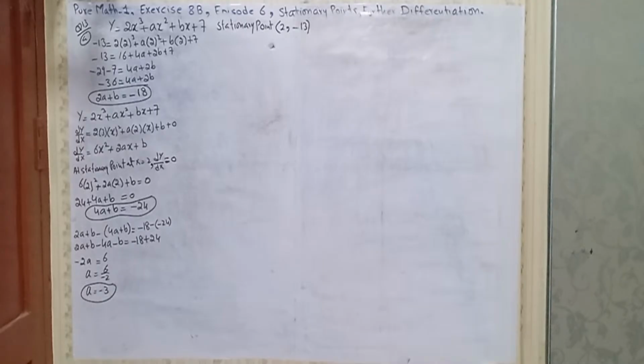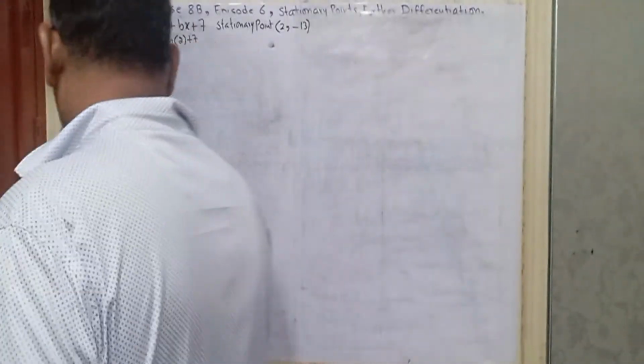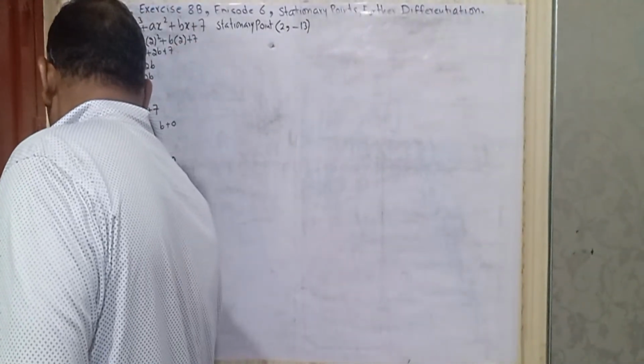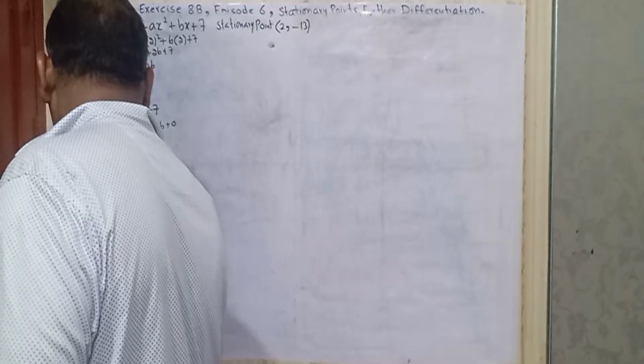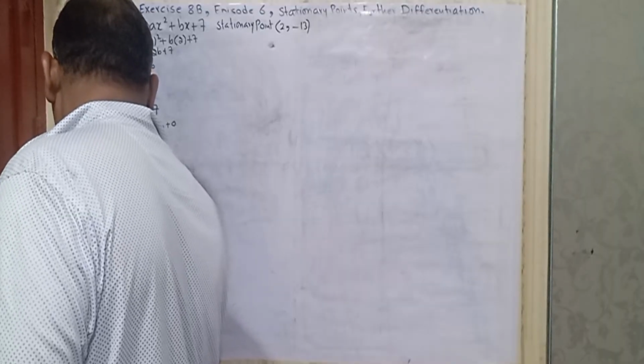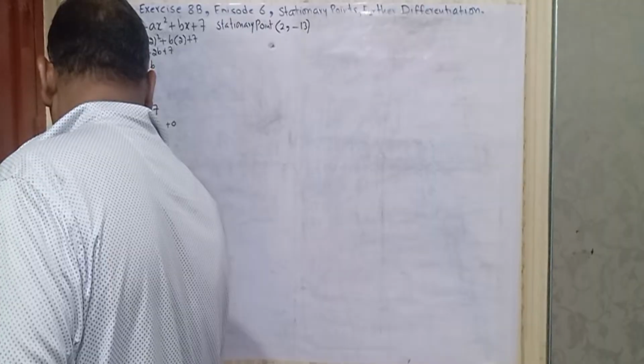Okay, now I can put the value of a into the first equation, or if you want, you can put this value into the second equation. I'm going to use the first one: 2 into minus 3, plus b equals minus 18.